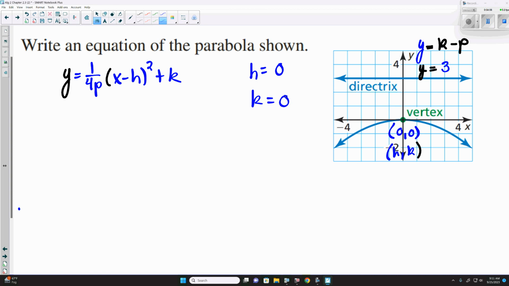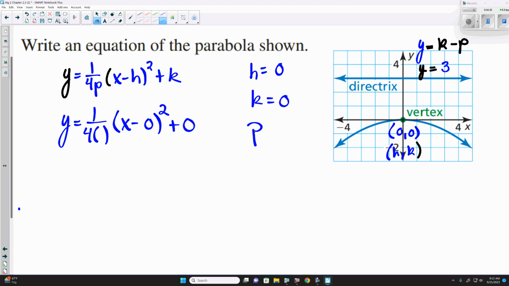H is 0, k is 0. Which is helpful, because in our equation, 1 over 4 times p times x minus h, well, that'd be x minus 0, plus k, which would be plus 0. So the last thing we need to do is to find the value of p.